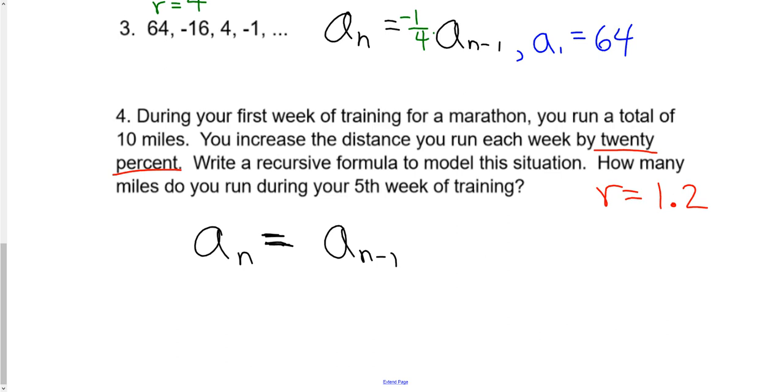Because we have established that this is a geometric function, all we have to do is take the r and put it out in front and multiply it by that. And then finally, we have to tell everyone where to start from. So we're going to say a sub 1 is equal to 10. That's our recursive rule.